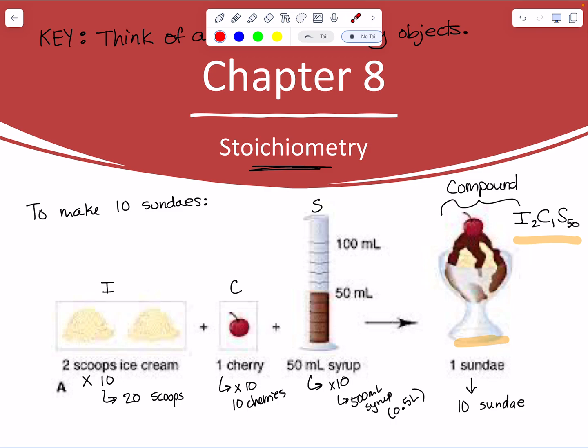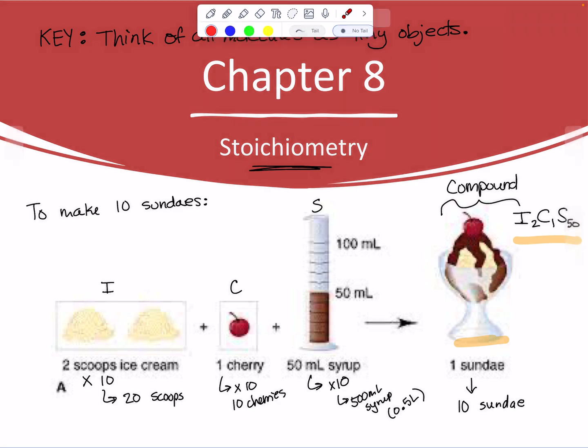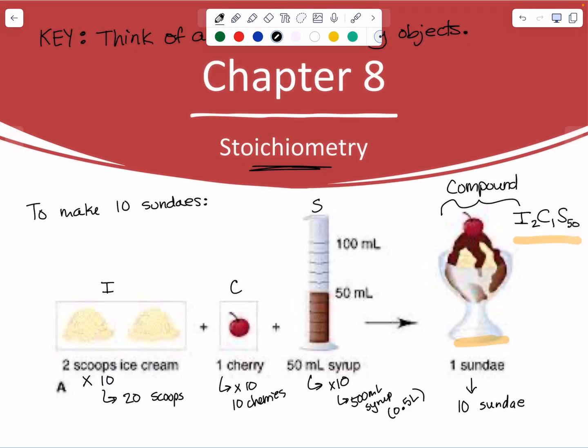So I could calculate the percent composition of cherries in my sundae. Let's say 1 cherry weighs 5 grams, and a scoop of ice cream is 200 grams.